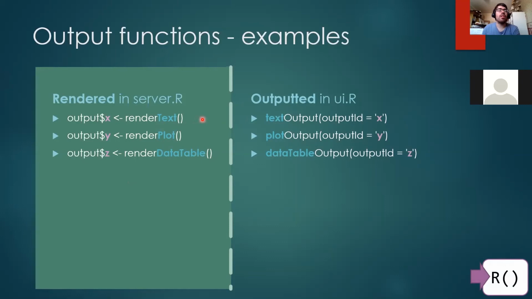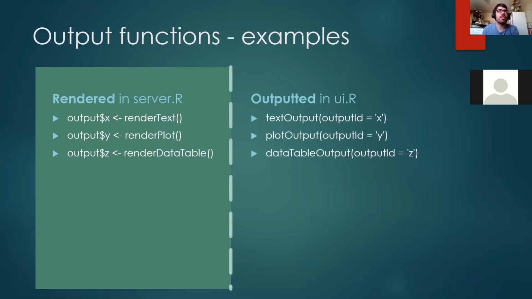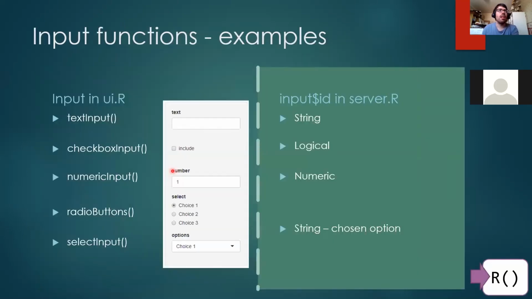The key for passing things between the user interface and the server, I should probably skip back a wee slide actually, just remember that this is the same for the input. For each of these, this is creating an object called input$ID in the server.